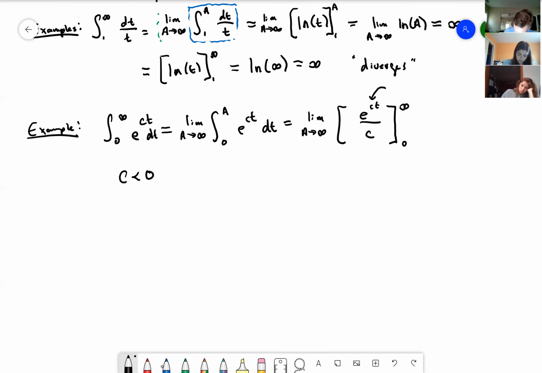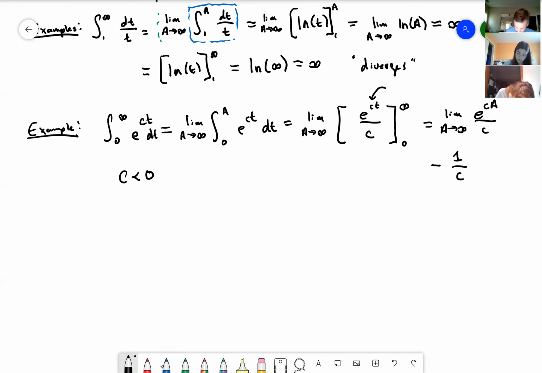So in this case, I can write the limit as a goes to infinity of e to the ca over c minus e to the 0 over c. Well, that's 1, so minus 1 over c.